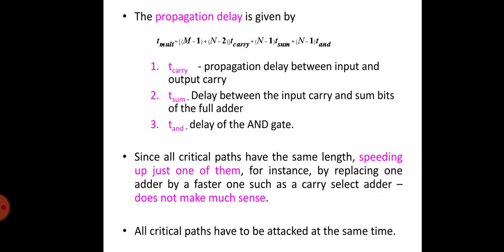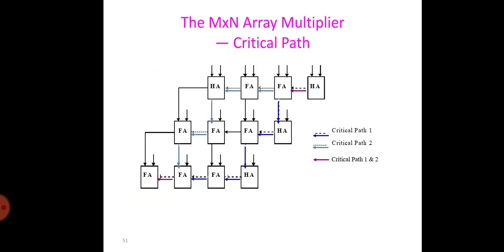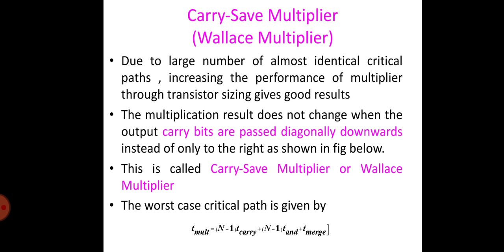And now let us move on to the carry save multiplier, or Wallace multiplier. Due to the large number of almost identical critical paths, increasing the performance of the structure through transistor sizing yields marginal benefits. A more efficient realization can be obtained by noticing that the multiplication result doesn't change when the output carry bits are passed diagonally downwards instead of only to the right.